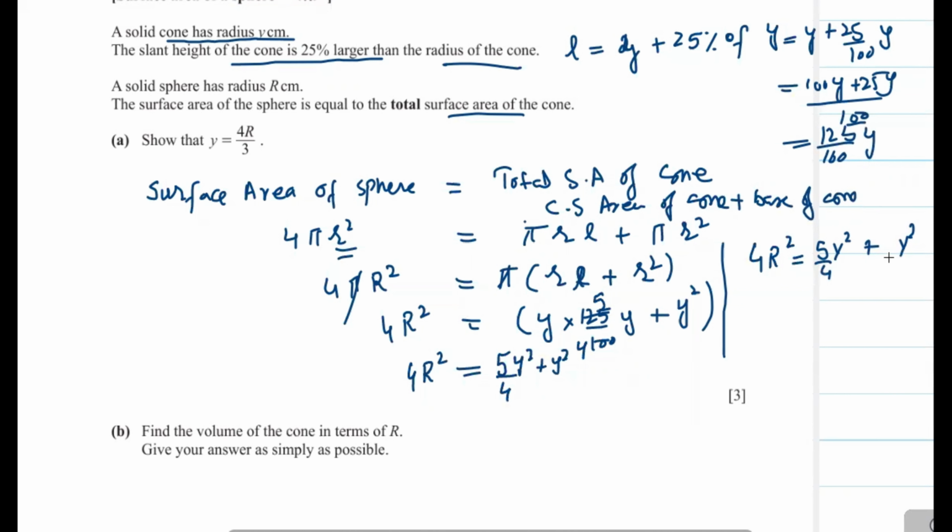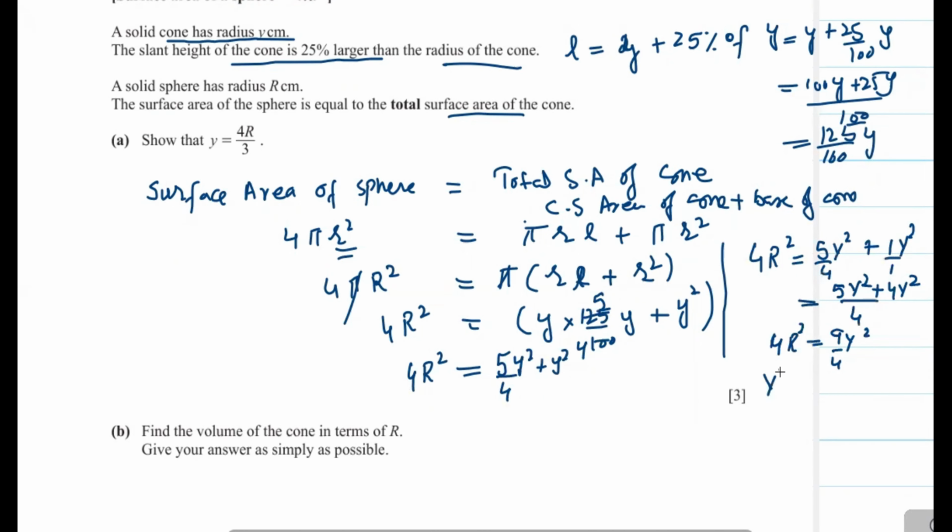Now we take the LCM. You see here that value become 5y square plus 4y square, that is equal to 9y square over 4. 4r square equal to 9 over 4 y square.